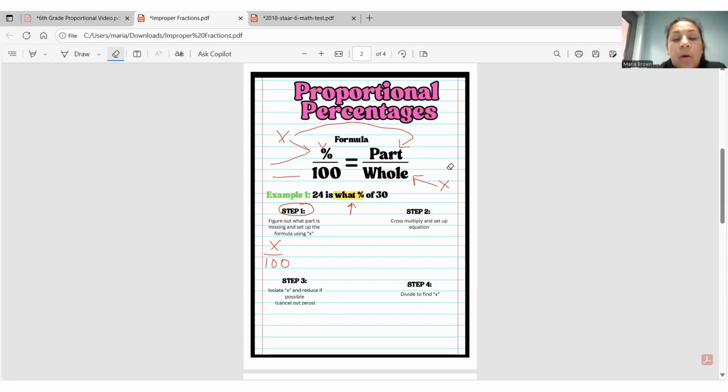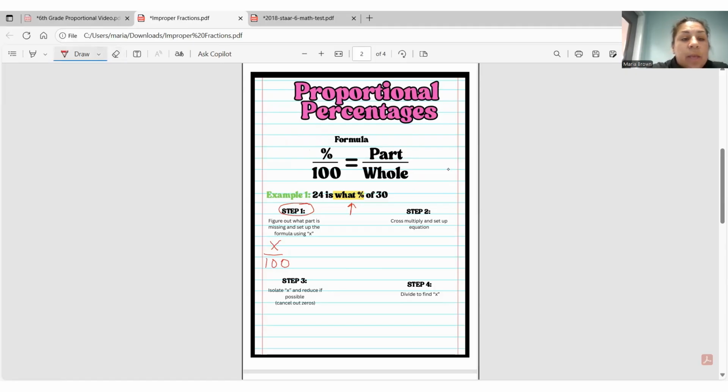All right. So what do we do with the other part of the formula? You need to think back to what you know about fractions. A fraction is a part of a whole. For example, I may have 3 pieces of pizza out of a whole pizza.